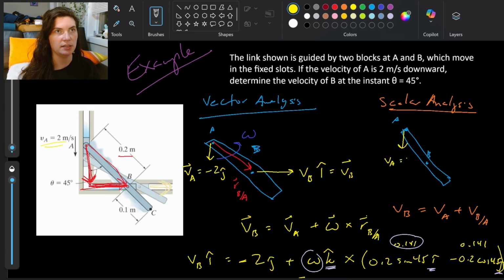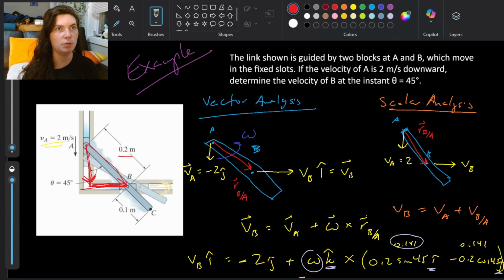B is still moving in that positive x direction. Of course, this position vector, our b with respect to a, is going to be the exact same. Nothing has changed there. The difference is the addition of that vb with respect to a.